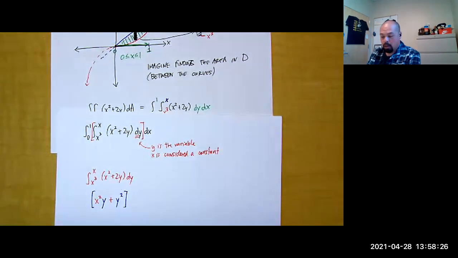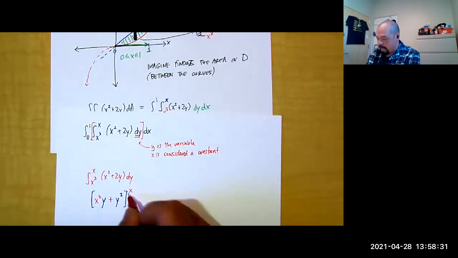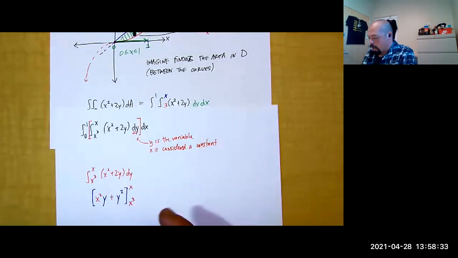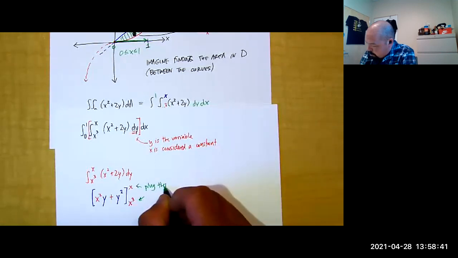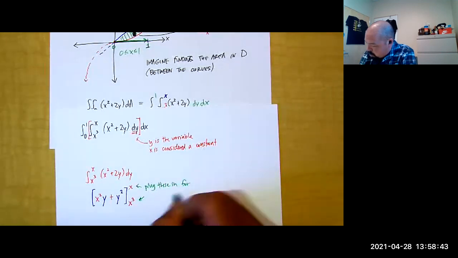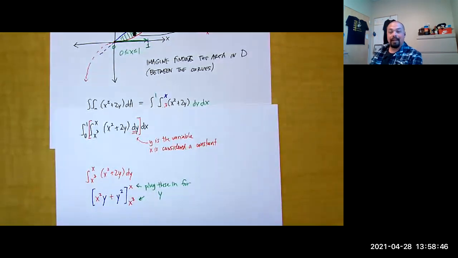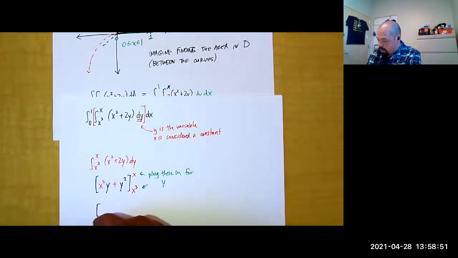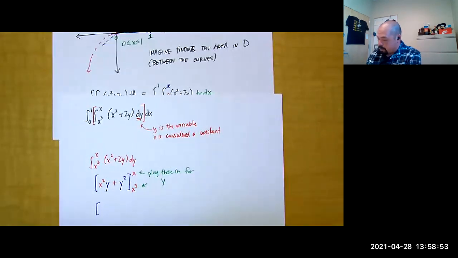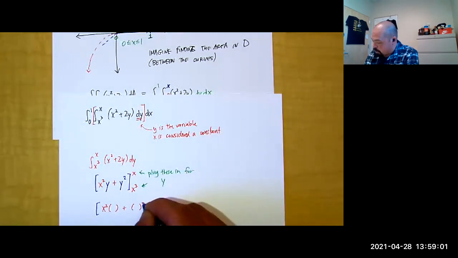So this is our antiderivative with our limits of integration, x cubed and x, which are going in for the y. I'll plug these in for y. That's the definite integral we're evaluating. So we're going to get that x squared times y plus that y being squared.